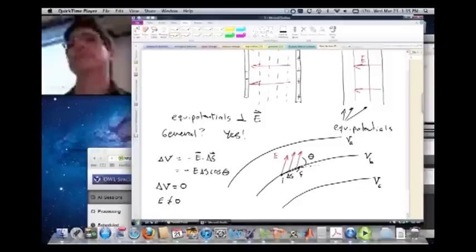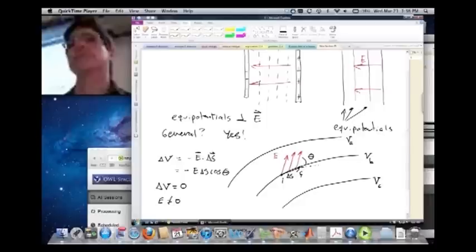So that electric field between I and F points in a particular direction, and we're going to assume that F is so close to I that the electric field between them is constant. It doesn't change much when you go from I to F.